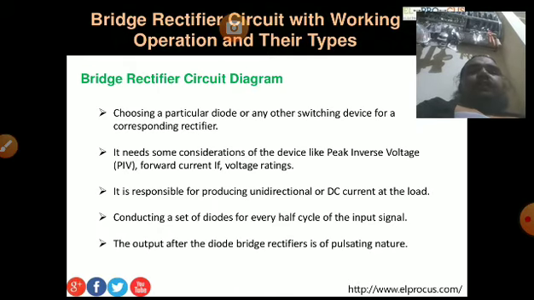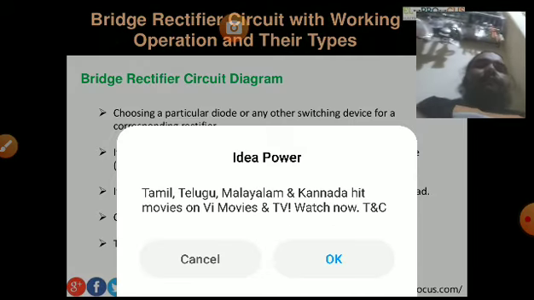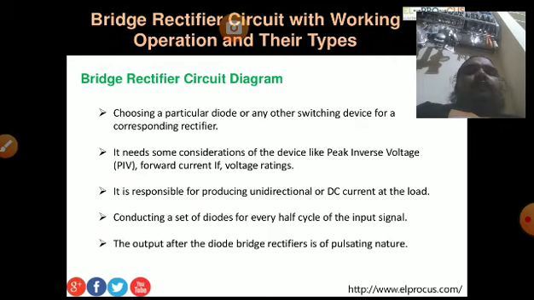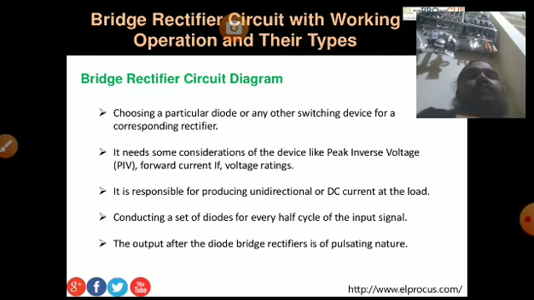It is responsible for providing unidirectional DC current at the load, conducting a set of diodes for every half cycle of the input signal. The output after the diode bridge rectification is of a pulsating nature.